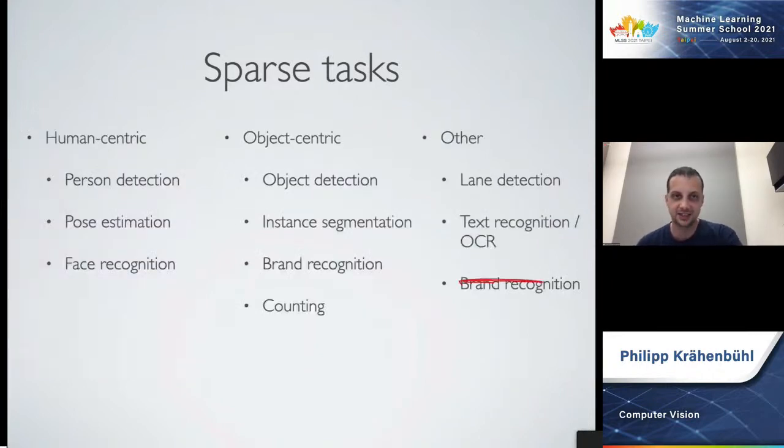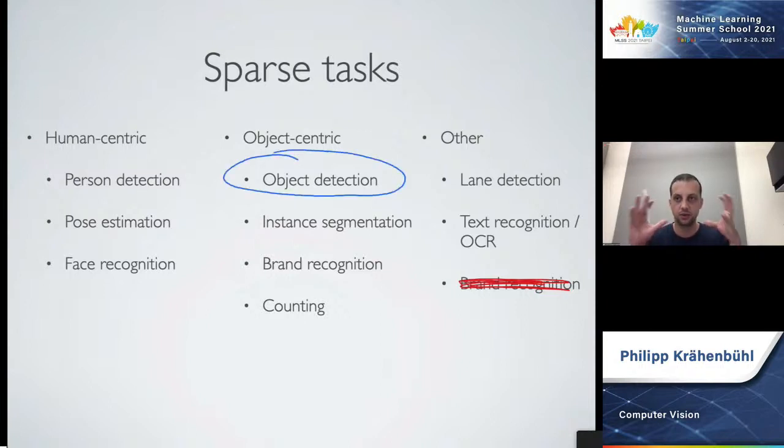Again, in here you have many different tasks, but it turns out there's actually a lot of structure to the way these tasks are set up, so that they become very, very similar. A lot of these tasks go through one central component, which is object detection. So we'll do object detection first, and then we can do a lot of other tasks.